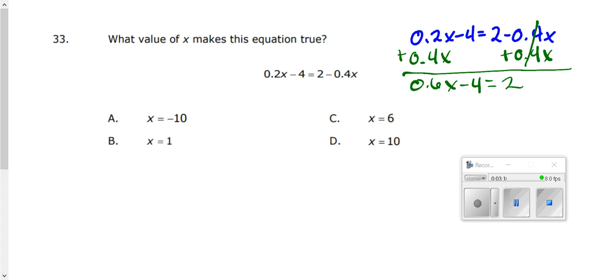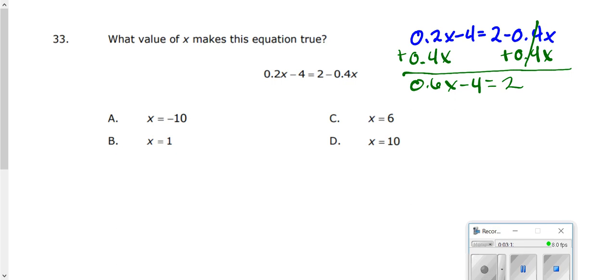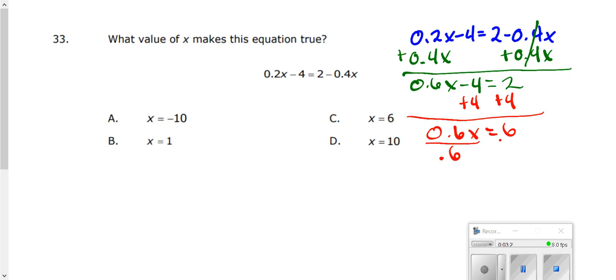Okay, to isolate x, I will add 4 on both sides. So now we'll be left with 0.6x equals 6. I'll divide by 0.6, and we should get x equals 10. So D is our answer.